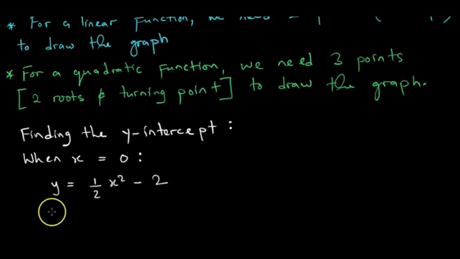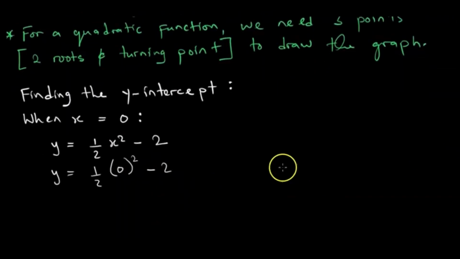We need x as 0. So we are just going to replace x with 0. Y is equal to the half of 0 squared minus 2. Of course, 0 squared is equal to 0. And every number multiplied by 0 is equal to 0.